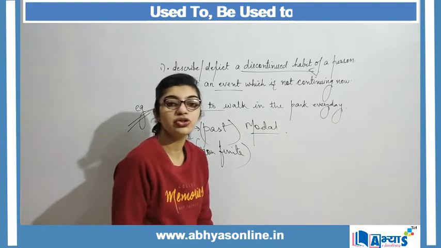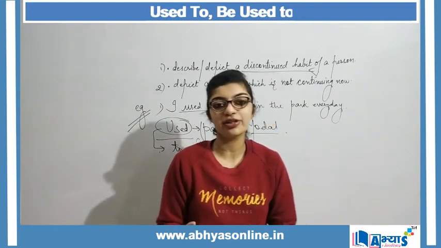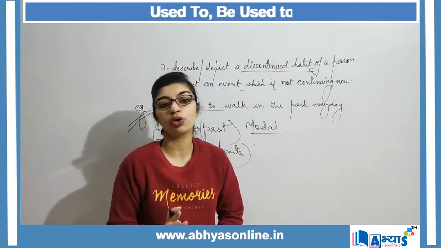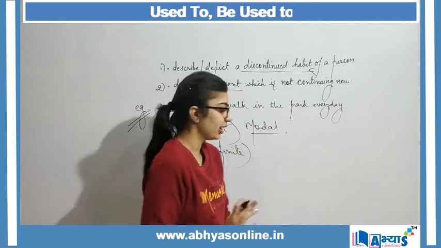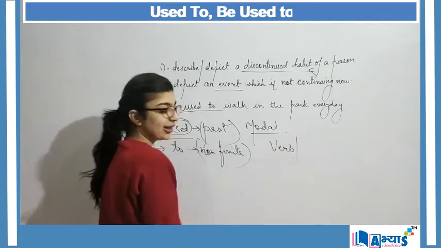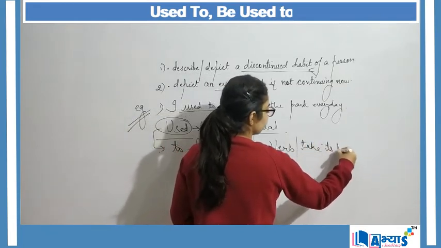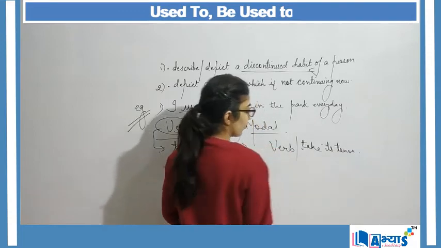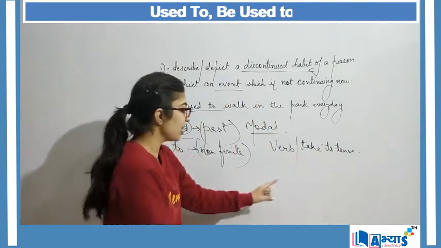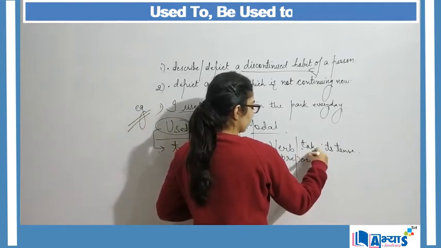Now "used to" can also be used as an adjective, and whenever it is used as an adjective, remember that it will follow a verb, or it can take its own tense, plus there will be a preposition after that.